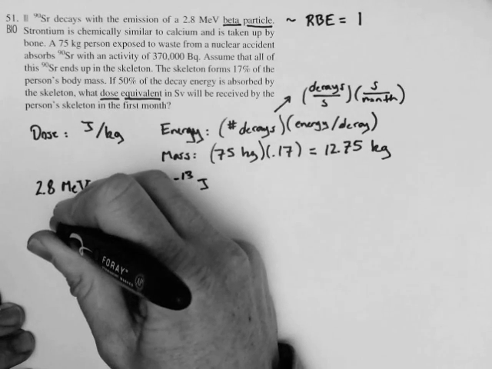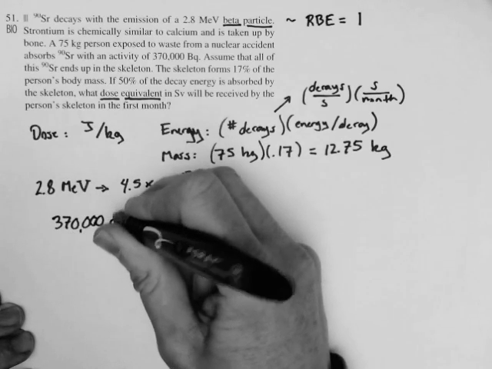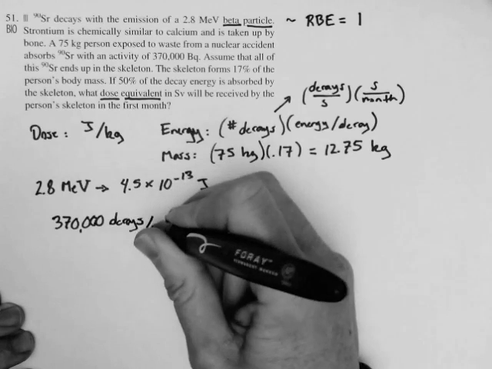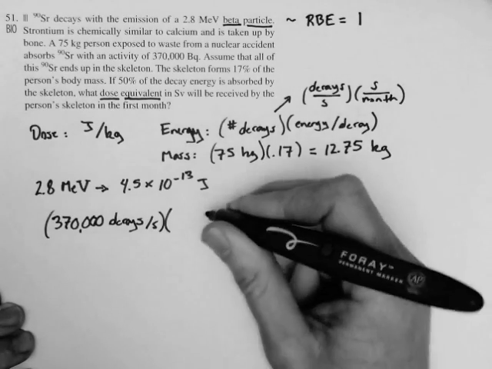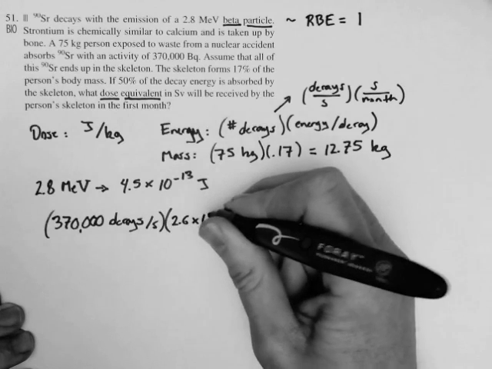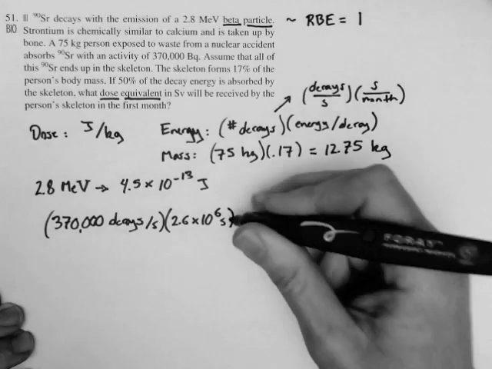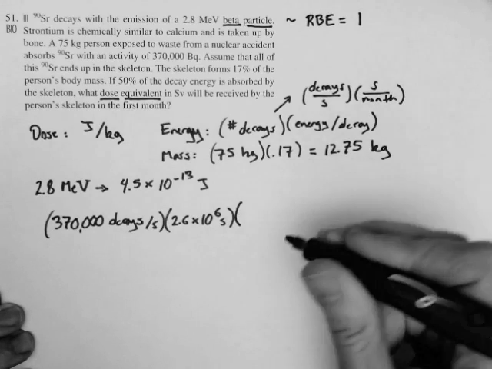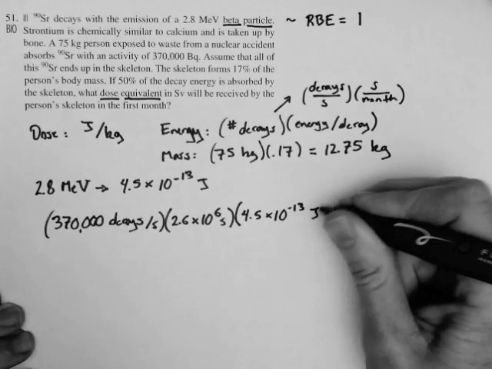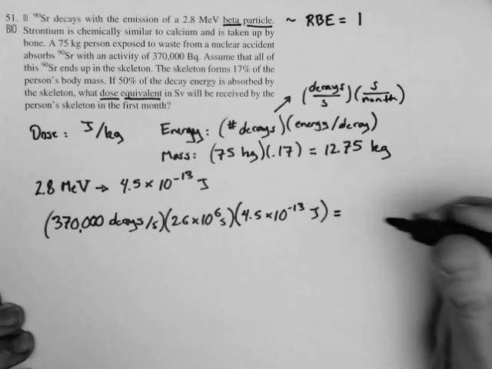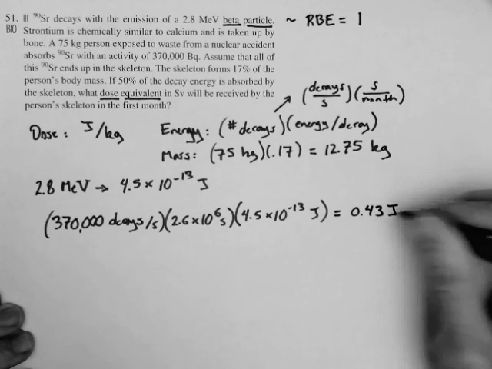We have 370,000 decays per second, over the time of 1 month, and 1 month is 2.6 times 10 to the 6 seconds. That's how many decays we have per month. And we'll multiply that by the energy per decay, which is 4.5 times 10 to the minus 13 joules. When we do that calculation, the total energy liberated in these decays is 0.43 joules.